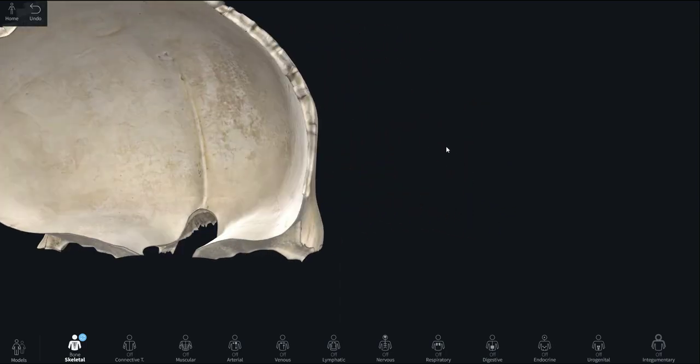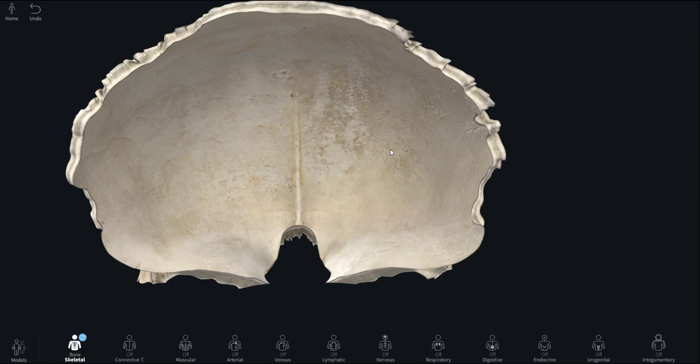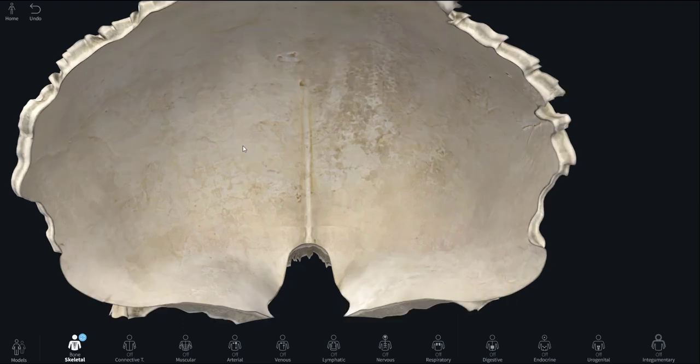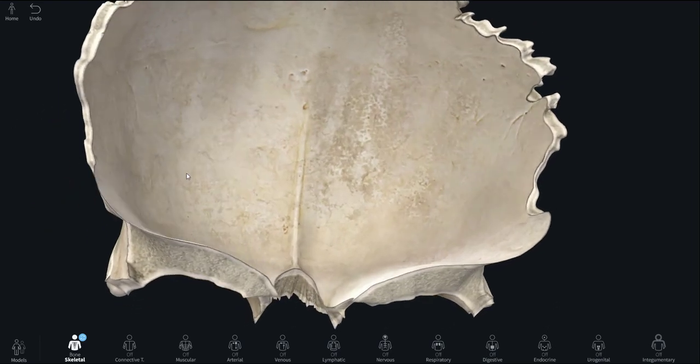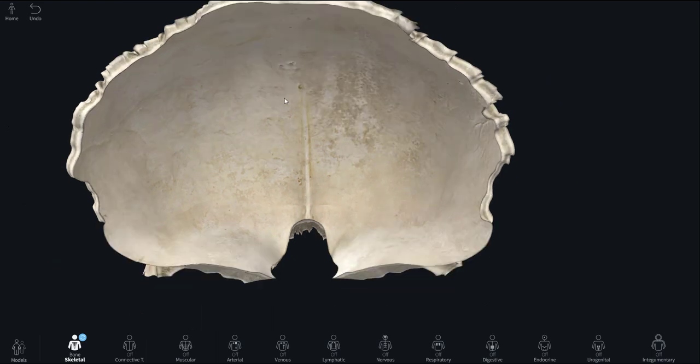Okay, so this over here is the internal surface of the frontal bone. It's not very visible here, but as I have already said to you, the internal surface of the frontal bone is not as smooth as the external surface was, and obviously it is filled with surface irregularities due to the underlying gyri and sulci of the frontal lobe, right?